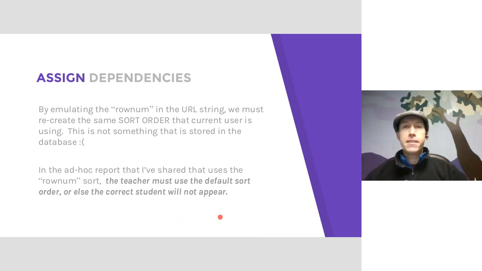And here's where I'm not perfect, and I'd really love to get some feedback from any kind of expertise from a SQL programmer, another person who maybe knows this much better than I do, and could say maybe you could do ranking a little bit differently in the context of the assigned module activities. But the way that I've set it up is that teachers must have things only using the assigned activities' default sort. If not, when clicking to grade, if you sort by last name or use some other kind of different sort, it would go to another student.